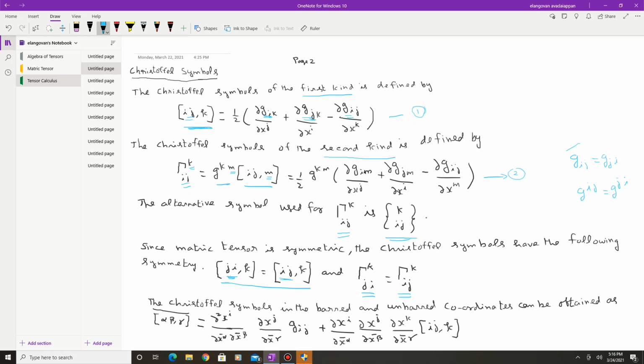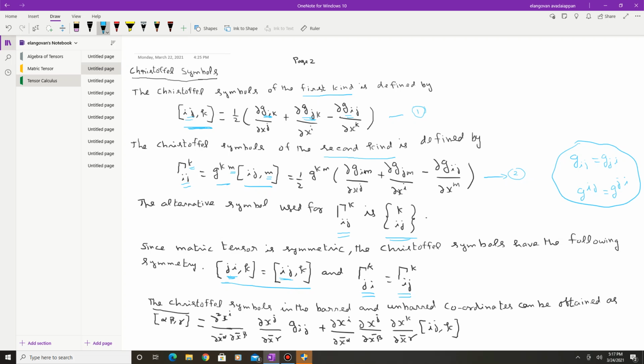So since the metric tensor is symmetric, you can write gamma^k_ji is equal to gamma^k_ij. So this is symmetric with respect to the indices i and j.